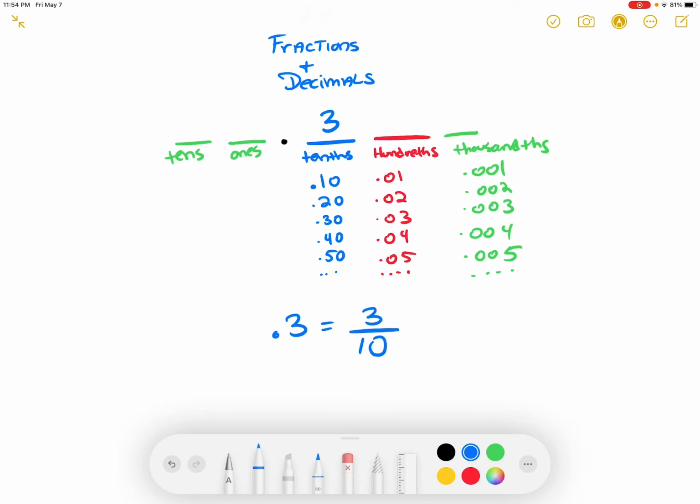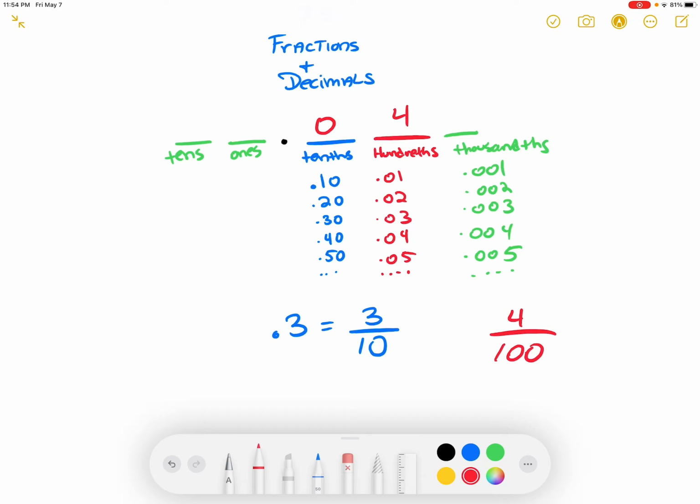If you have a number in the hundredths spot, let's say it's a 4, you literally write 4 over 100, because it's out of the hundredths.